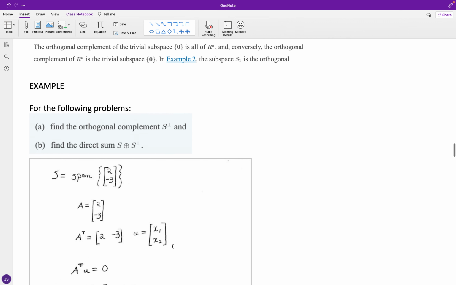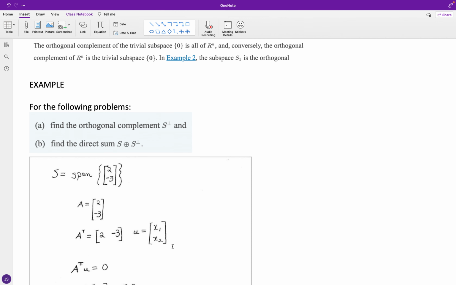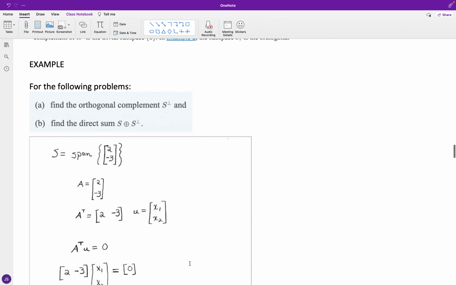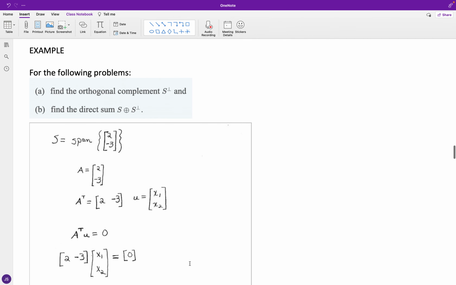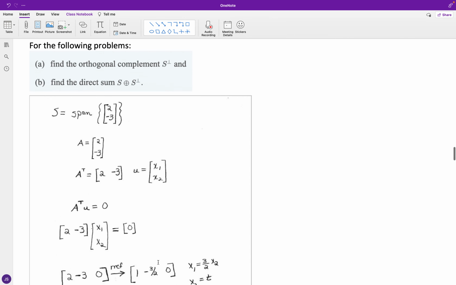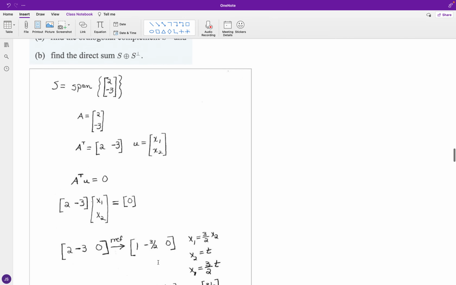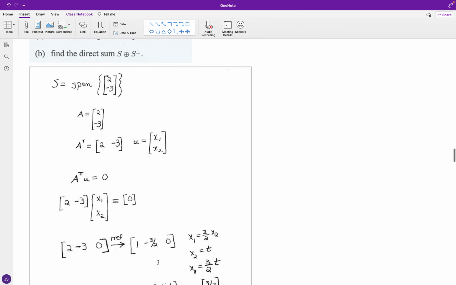Now looking for the null space, we're going to be taking the product of the transpose of A and the vector u with x1 and x2 to be equal to 0. So the transpose of A with 2 and negative 3 times the vector u equal to 0, expressed as an augmented matrix.